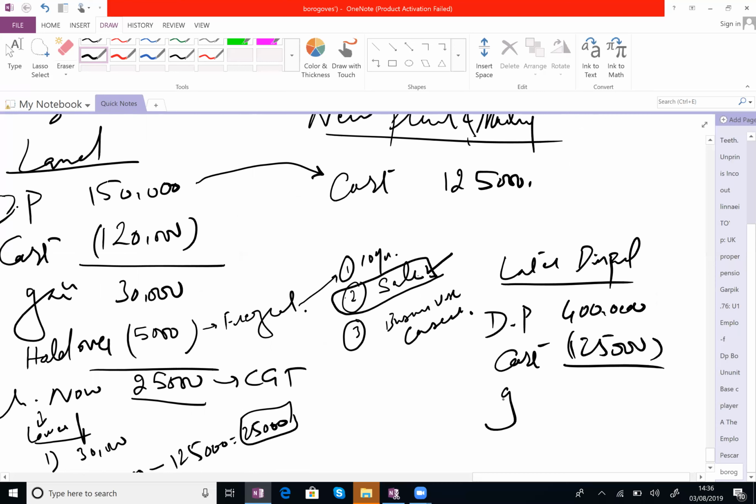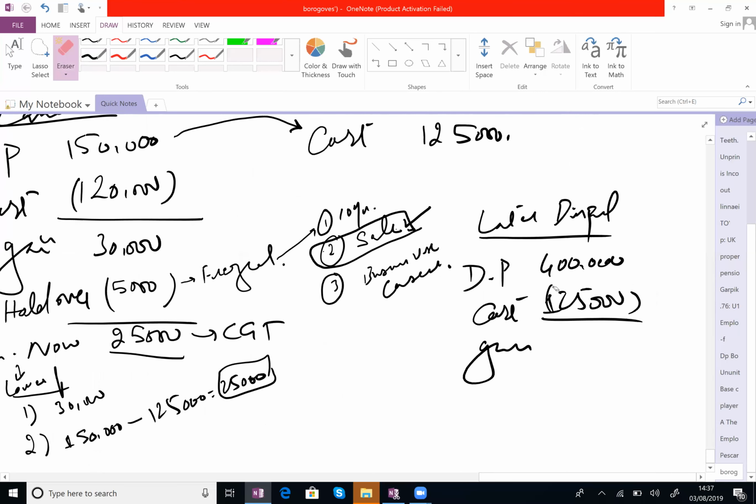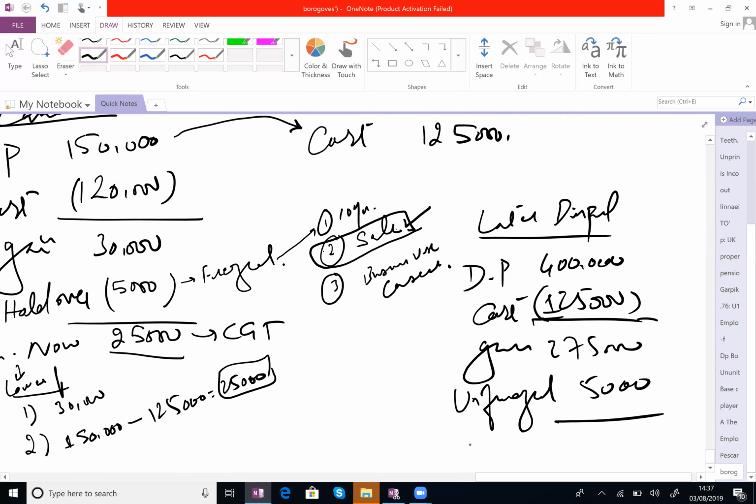So what is the gain? 4 lakh minus 1,25,000 is 275,000. Now in this gain, the previous holdover frozen gain becomes unfrozen. 5,000 is added, and the total chargeable gain now is 2,80,000.